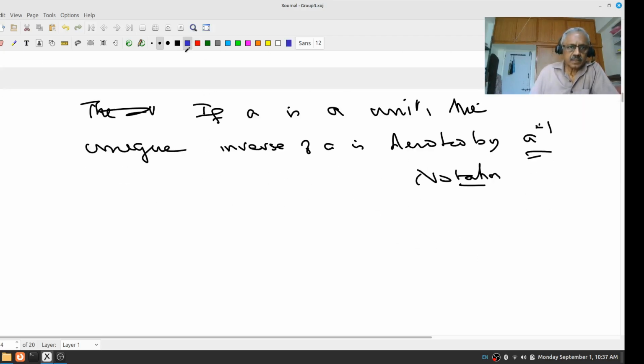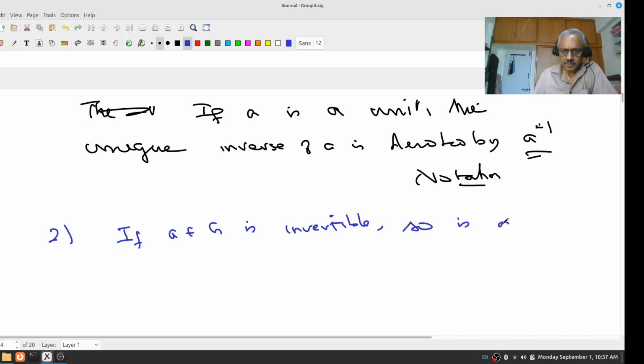Now the second part I want to say is: if A in G is invertible or a unit, so is A inverse, the unique inverse of A. That is clear. Let us look at A inverse.